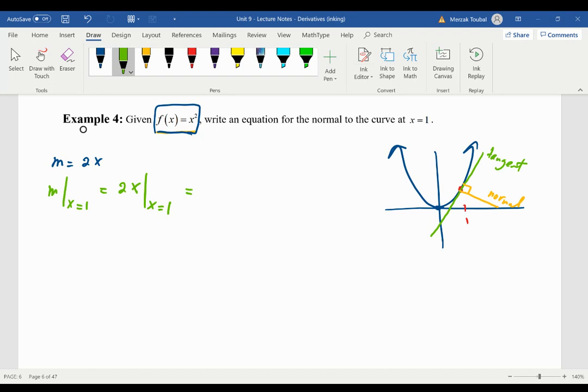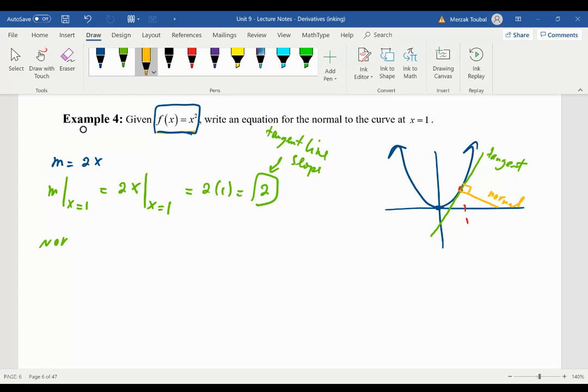Then all you have to do is substitute 1 for x, so it will be 2 times 1, which is 2. So the slope is 2, but this is the tangent line slope. The slope of the normal line will be the negative reciprocal.